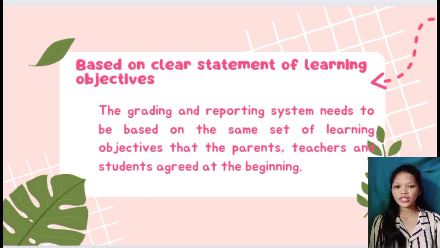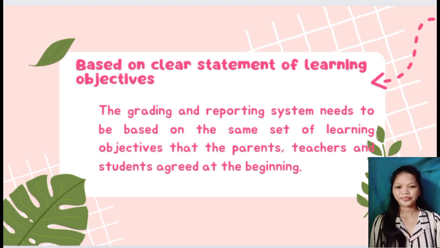This ensures that the assessment criteria and feedback provided to students accurately reflect their progress towards these objectives. Such alignment promotes transparency and clarity in the educational process, fostering a shared understanding of what is expected and achieved in the learning journey. Understand?